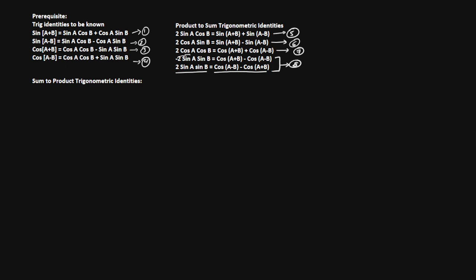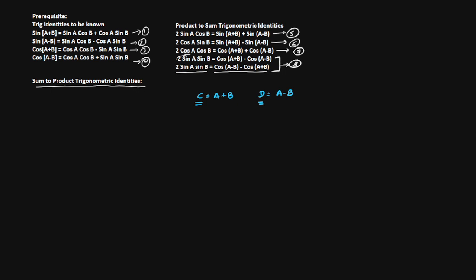So now let's see how we can arrive at some of the sum to product trigonometric identities. Before we get to that, let's assume C as A plus B and D as A minus B. We are introducing the new variables C and D just because we want to have A plus B shown as C and A minus B shown as D and arrive at this sum to product.